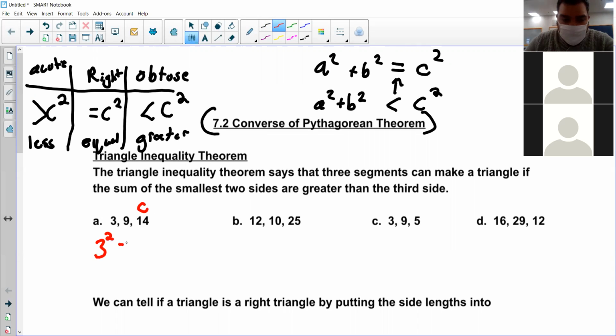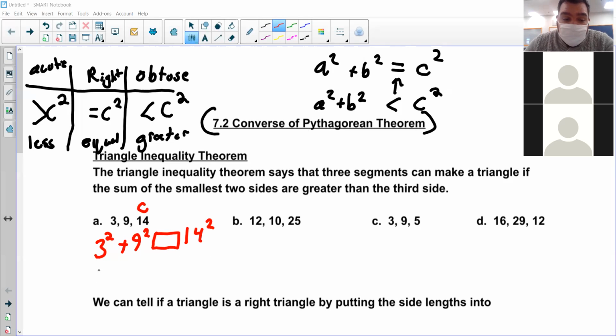So 3 squared plus 9 squared. I do not know what this is, so I'm going to put a box here because I do not know what it is, so I'm going to leave it blank. 14 squared. We'll see, Shul. Let me finish.